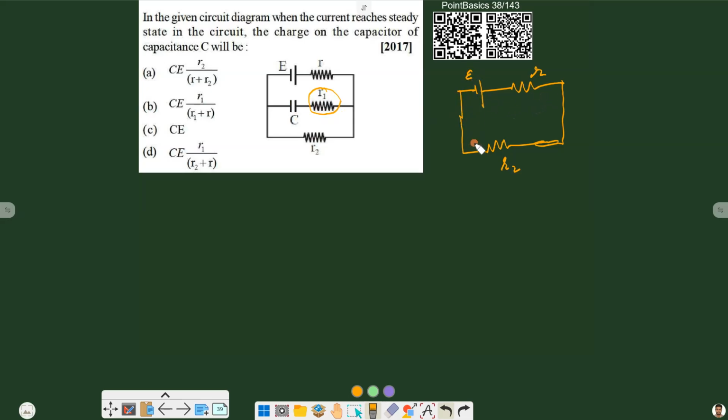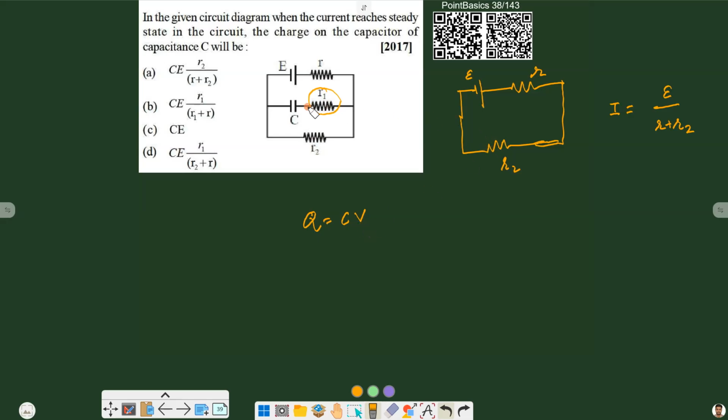Now we have a simpler circuit, and from this we can say that I will be equal to E by R plus R2. So this will be the current flowing in the circuit, and there will be no current through the capacitor and resistance R1. Now to find the charge on the capacitor, we know that charge on a capacitor is given by C times the potential, where V is the potential across it.